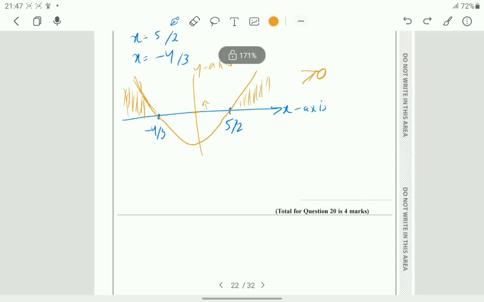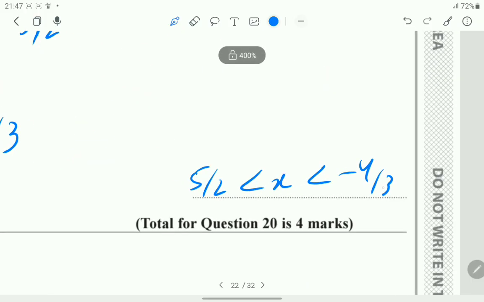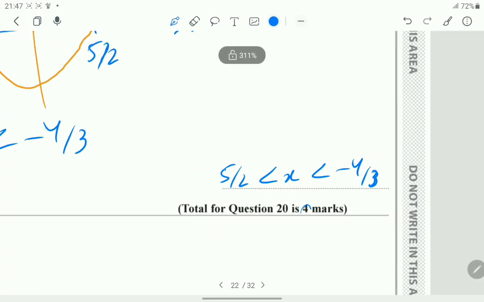So the answer here would be x is greater than 5 by 2 and x is less than minus 4 by 3. So this is your final answer, and you get full marks.